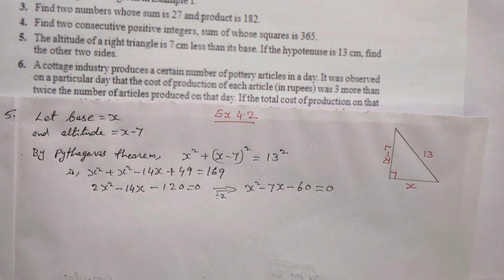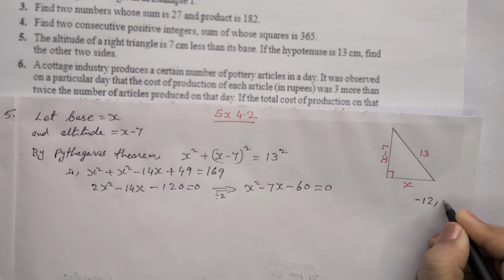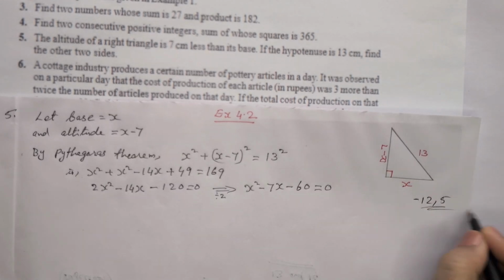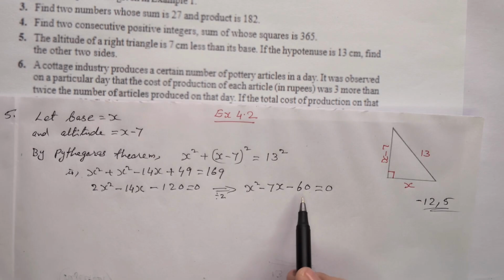Here we have to find two numbers such that sum is minus 7, product is minus 60, which means minus 12 and 5. We are taking these two numbers, minus 12 into 5 is minus 60, minus 12 plus 5 is minus 7.